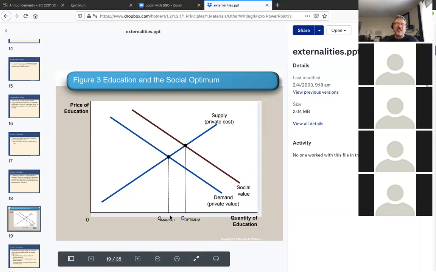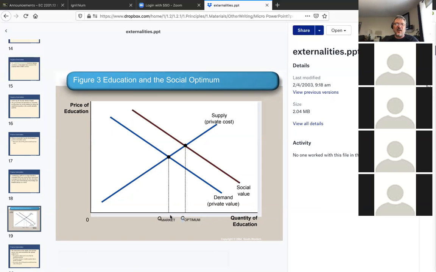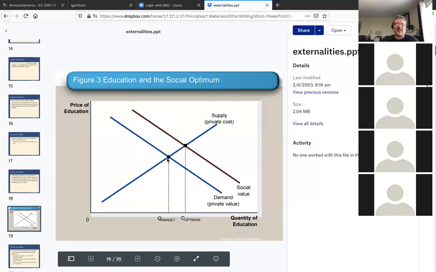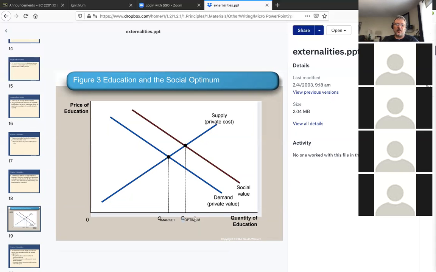If we don't subsidize vaccines, if everybody has to pay the full cost of vaccines on their own, then you'll get the market equilibrium quantity, which is less than what's socially optimal once we consider the benefits to third parties. So this is, again, a place where the government can do something to subsidize a vaccine.